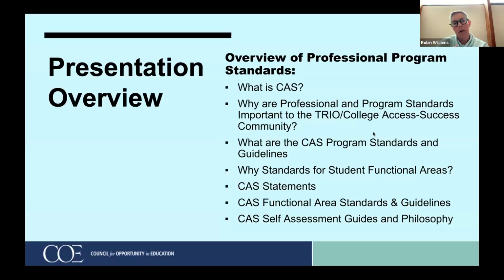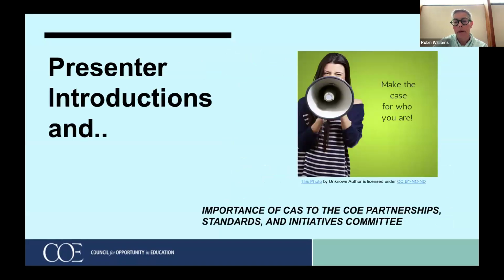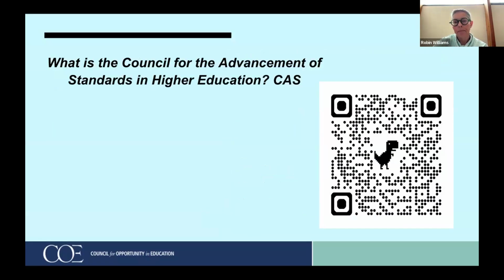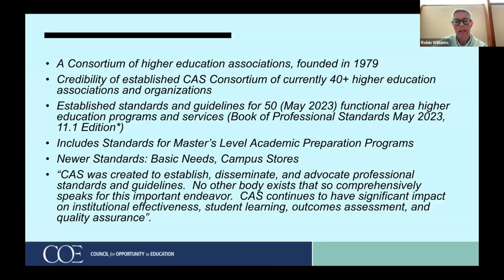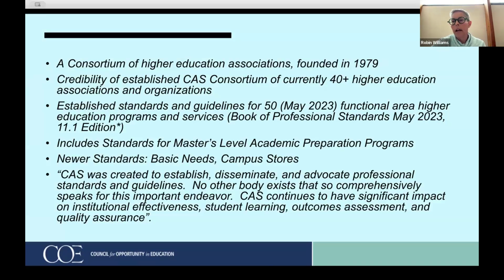So these are some of the things that were covered in the presentation, just going through what CAS stands for, what it is, and just some additional information. I wanted to highlight some of the specific slides for you all. So for some history about CAS, the consortium has been around since 1979.